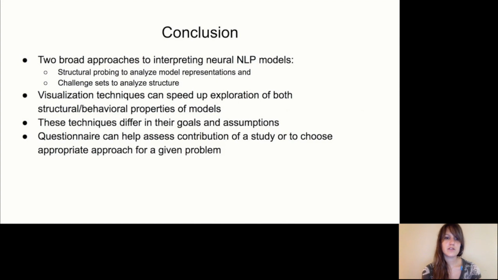So we gave a questionnaire for helping organize all of the different methods out there, both to help if you are starting work in this area and trying to figure out what types of methods are most appropriate for your use case, and also to assess contributions of other work that's out there, and compare how different approaches might yield similar but complementary insights or stories about how models work.